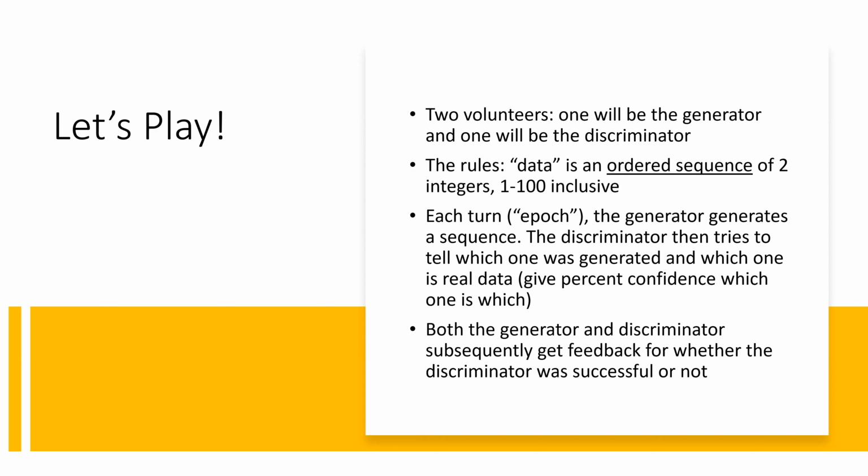Because if the discriminator says 50-50, that means the generator has generated something that matches the distribution of the actual data. So that's just kind of a hint for both players. And at the end, essentially what we're trying to train is the generator. We're trying to get a generator that can learn to generate fake data that matches the real data.